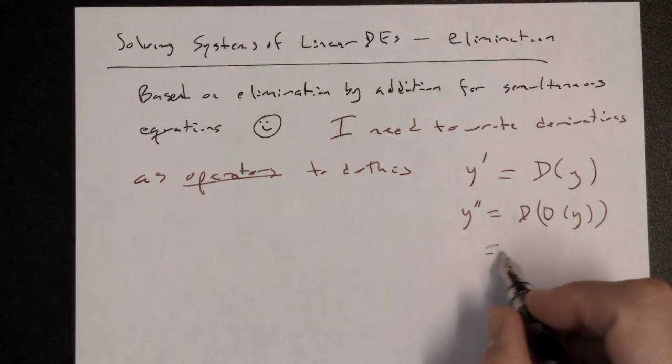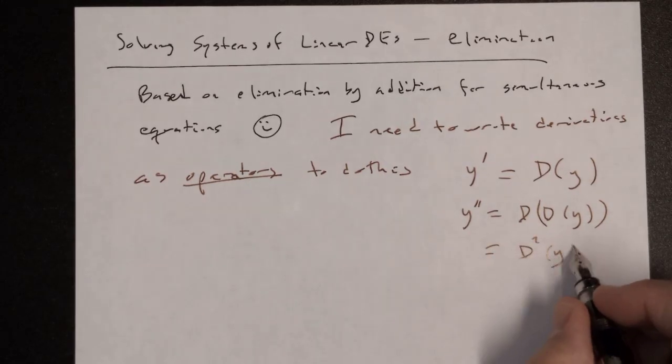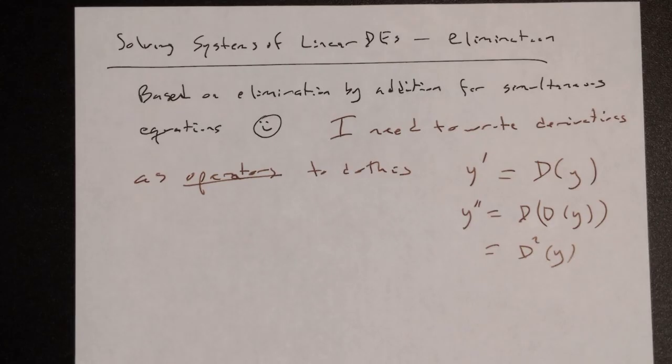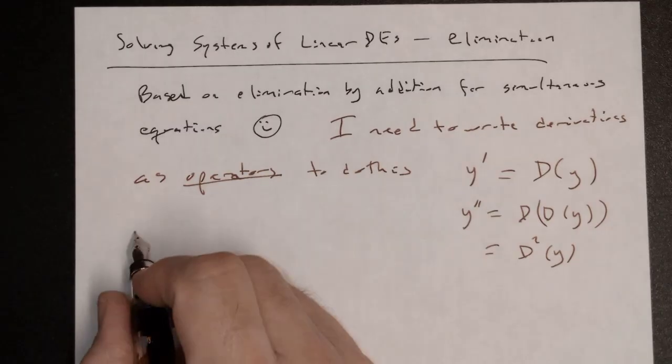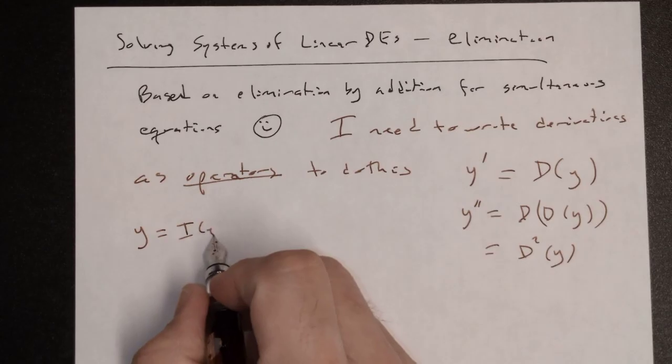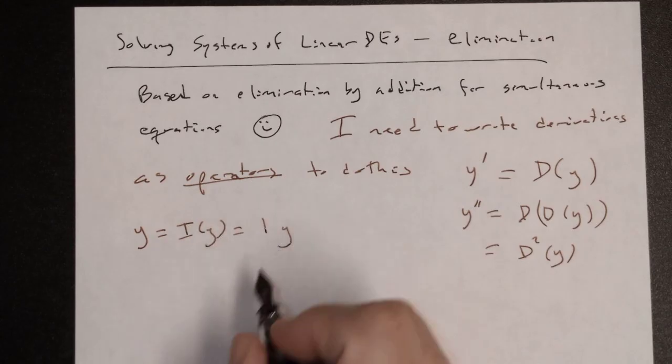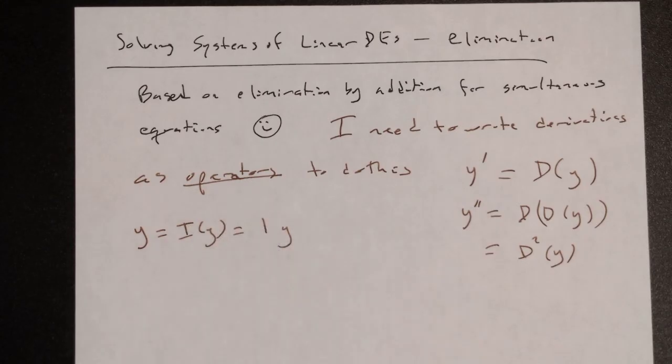So I'm just going to write that as d squared y. That's a second derivative. By the way, if I want to think of y itself, I can think of the operation of multiplying using the identity operator. So I can think of this as like 1 times y.